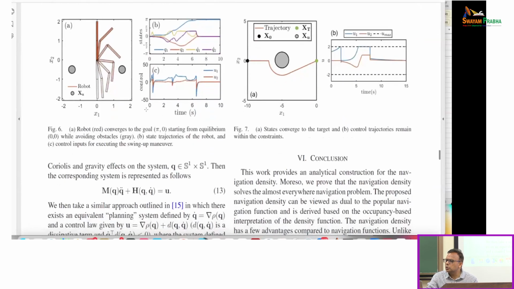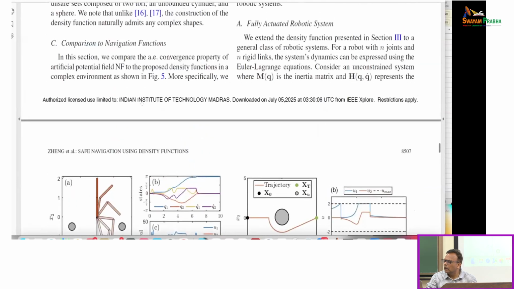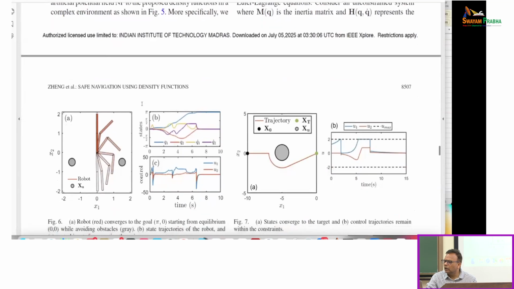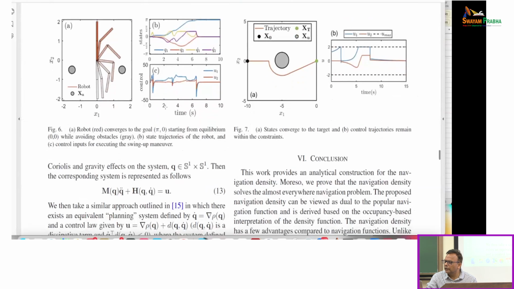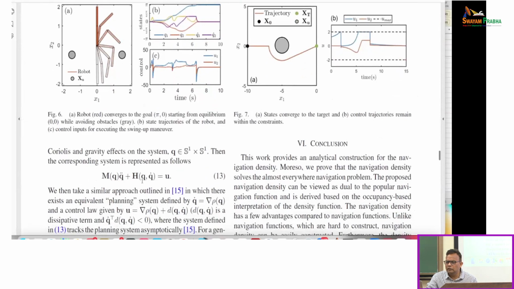And then you can also use this to look at applying these densities on more complicated dynamics involving a manipulator, which has non-trivial dynamics.